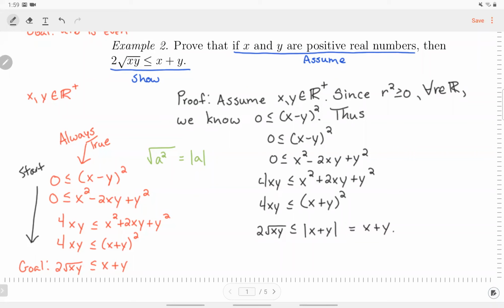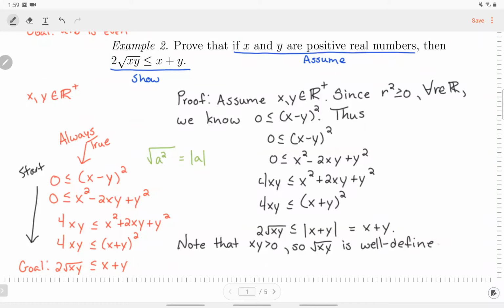So we need to write that in a sentence. That last step, we did a lot of justification. So we want to write that in a sentence. Note that xy is greater than 0. So square root of xy is well defined.